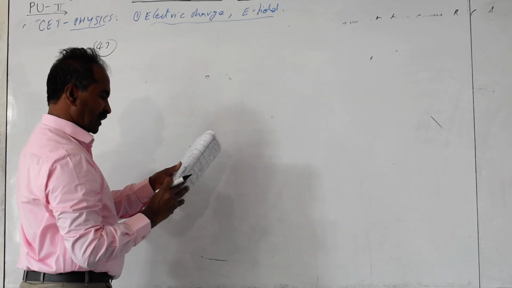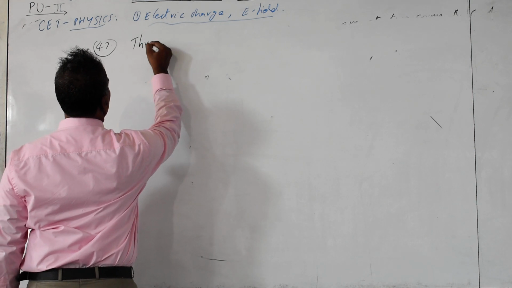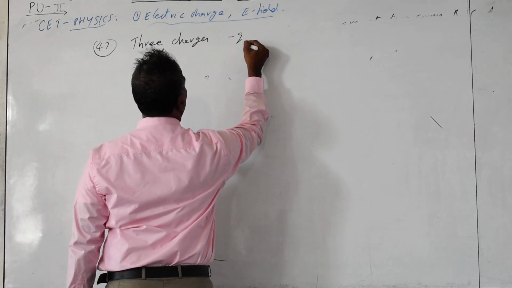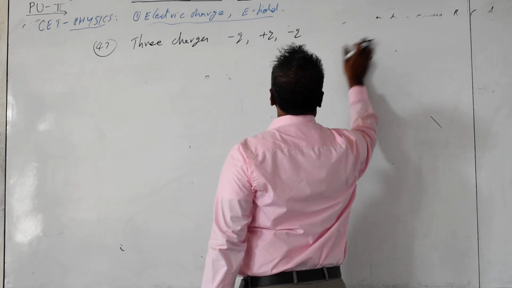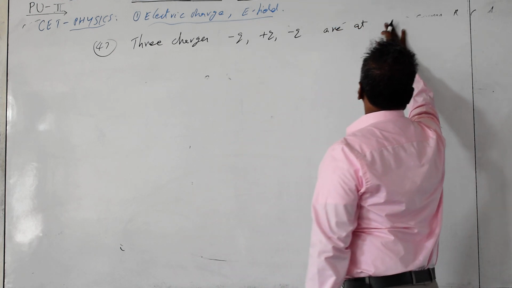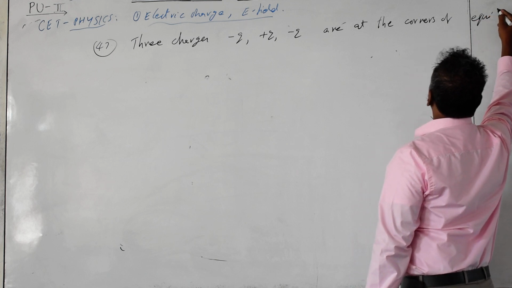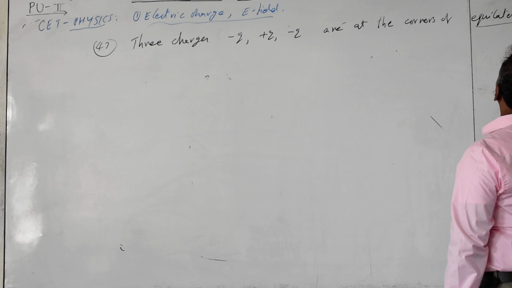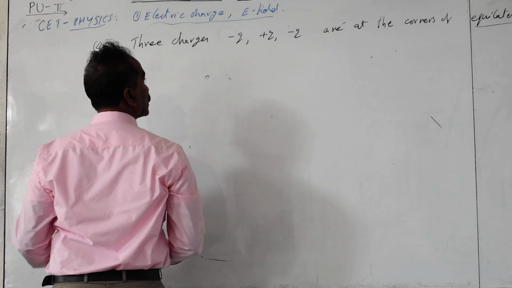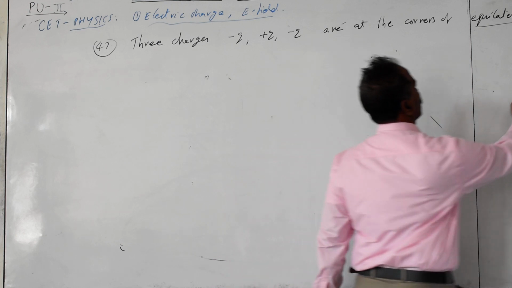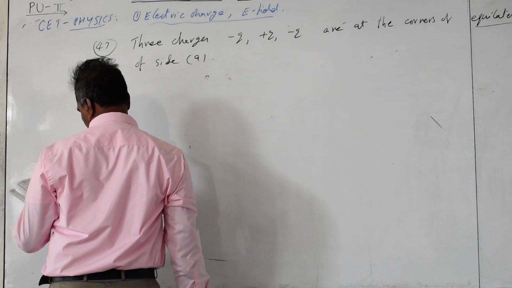Three charges minus q, plus q, minus q are at the corners, the vertices, of an equilateral triangle of side A. It means theta is 60 degrees, and all sides are equal in length.